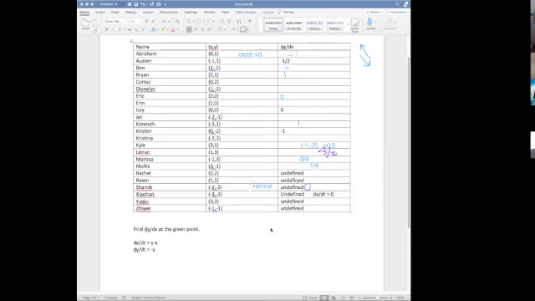They're going to be either straight up or straight down, depending on the sign of dy dt.